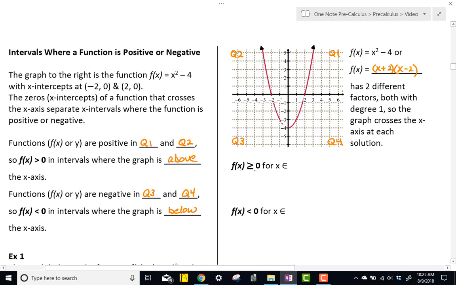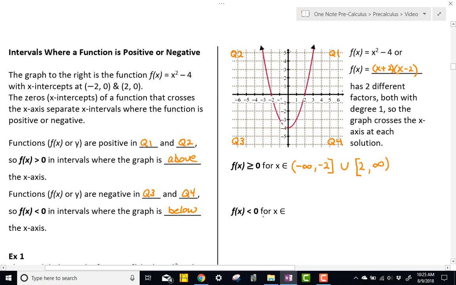So f of x is greater than or equal to 0 on the intervals for x from -∞ all the way up to -2, and because we said equal to 0, we can include -2. Then it goes below, so now it's negative underneath, and then it comes back to 2, and it stays above the x-axis all the way to infinity. So we have those two intervals where my graph is greater than or equal to 0.